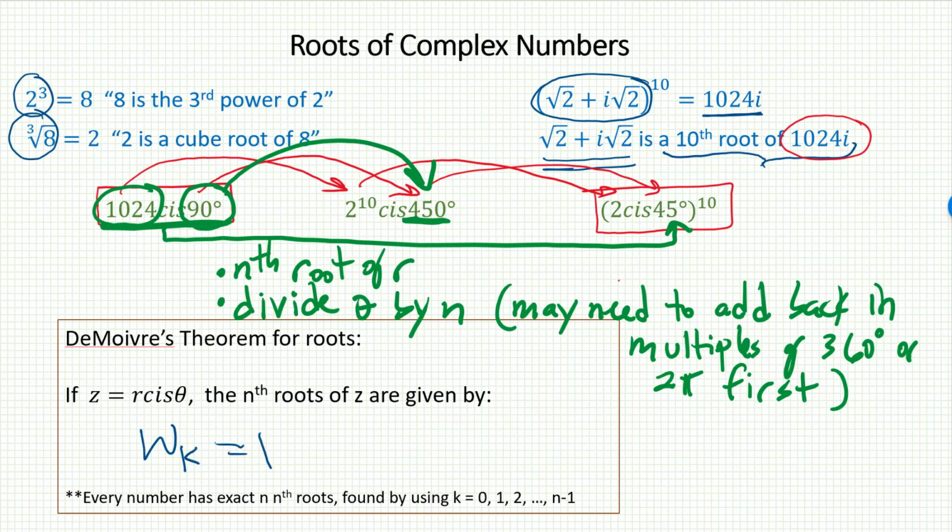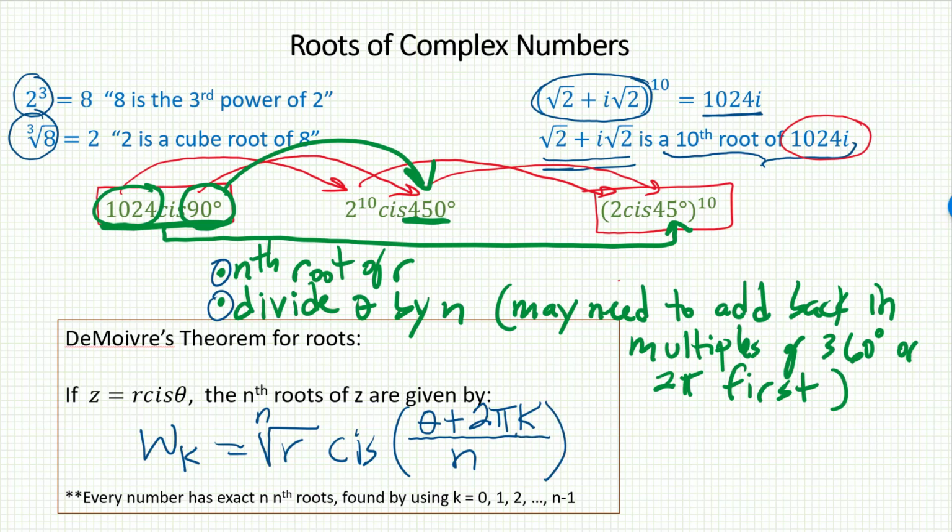You're going to be taking the nth root of r, just as we said here, and then for the argument, you're going to be dividing theta by the n, just as we said, but you may first have to add in multiples of 2 pi, working in terms of radians here. k standing for an integer, times 2 pi, multiples of 2 pi.